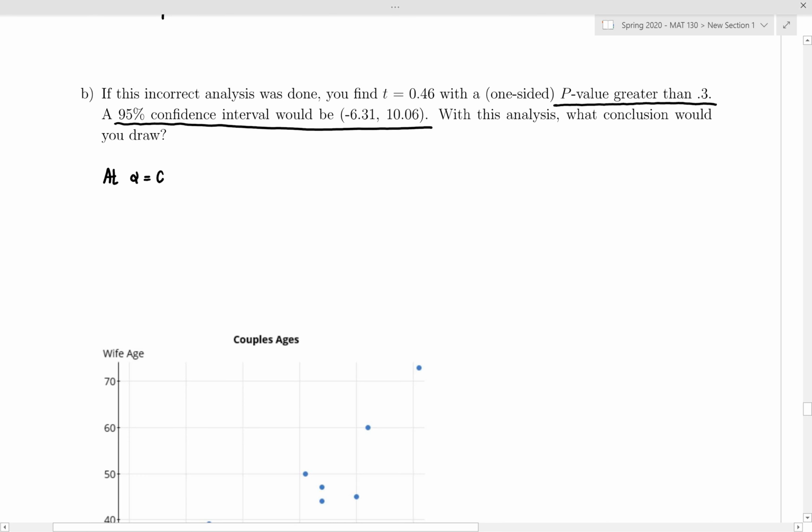On the other hand, the p-value is greater than 0.3, which means that at alpha equal to 0.10, do you conclude or not conclude that the husband's age is larger than that of the wife?